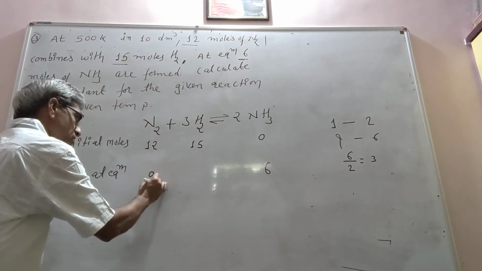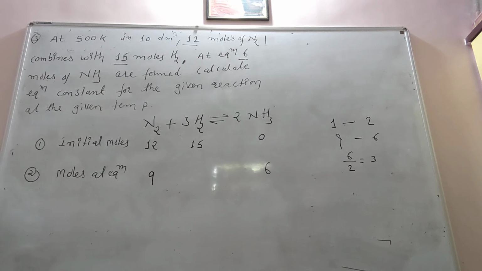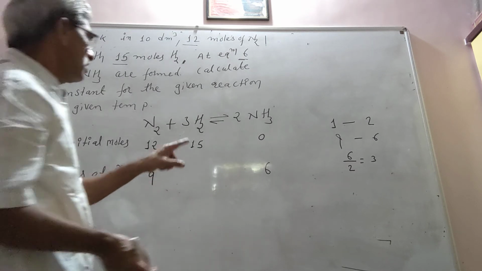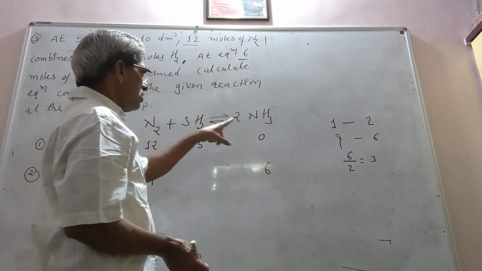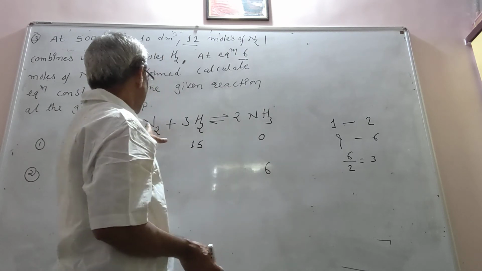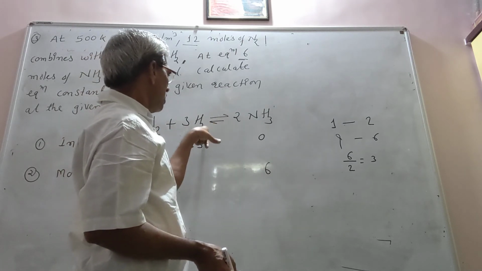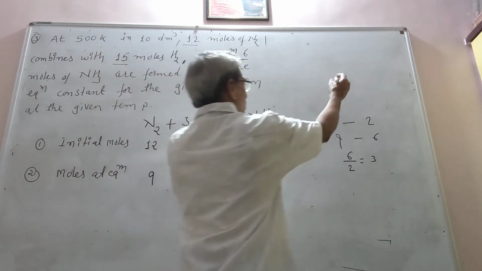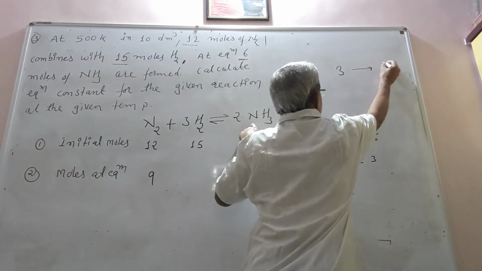Therefore, 9 moles. Similarly, we can write whenever the 3 moles of H2 react, 2 moles of NH3. Means 3 corresponds to 2.